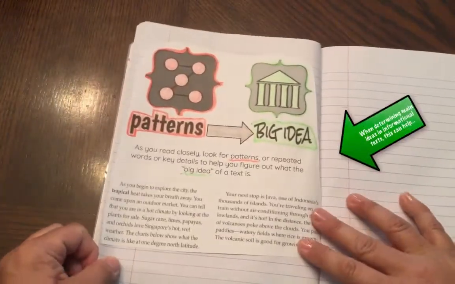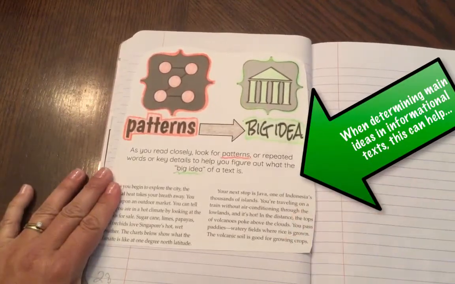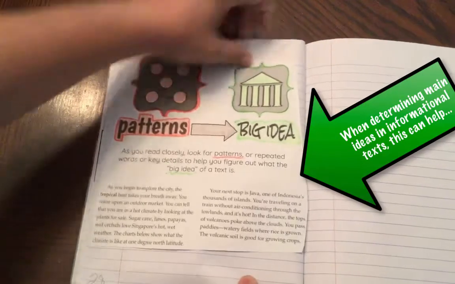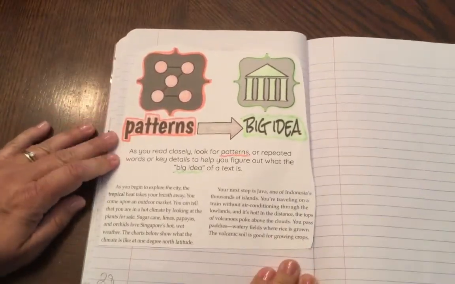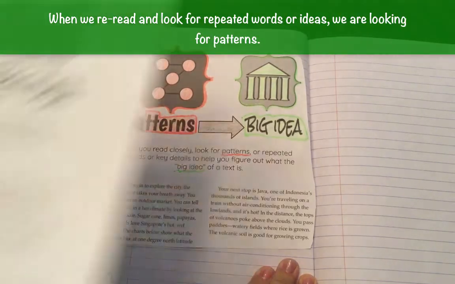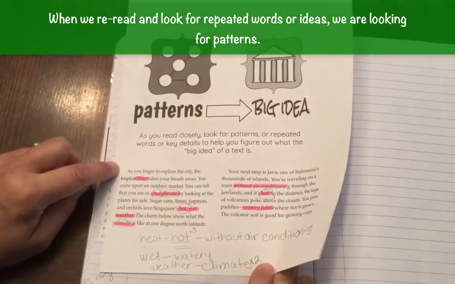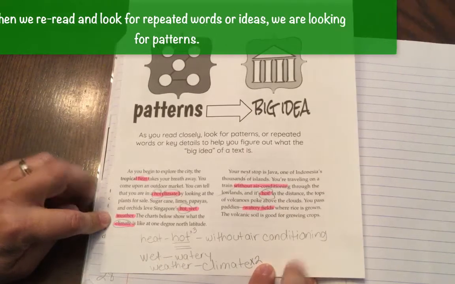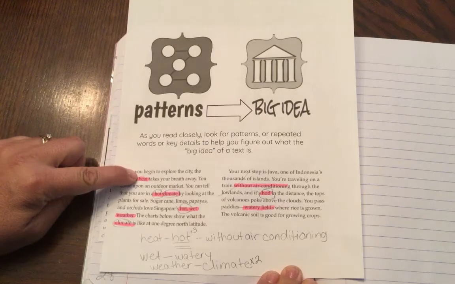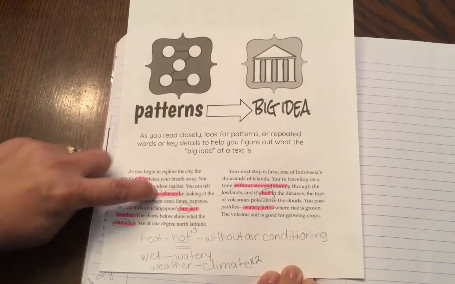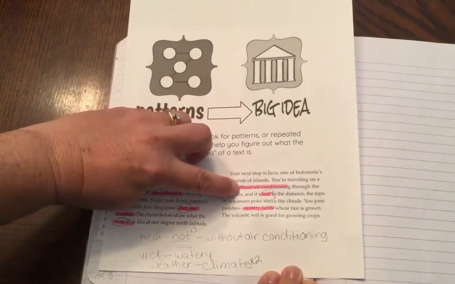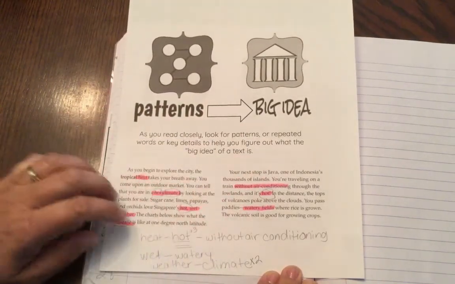And then finally, when we're thinking about determining a main idea, or I like to say big idea, of an informational text, we can read closely to look for patterns or repeated words or key details. Here is an example. This piece of text is from Expedition Zero, which we read as third graders. Look at all the words that have been repeated. Heat or hot, climate, hot, wet, weather, climate, without air conditioning, hot, watery fields.